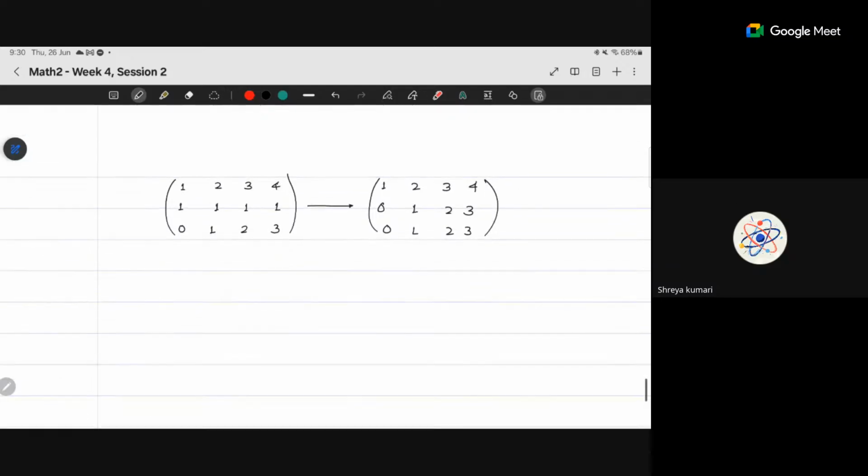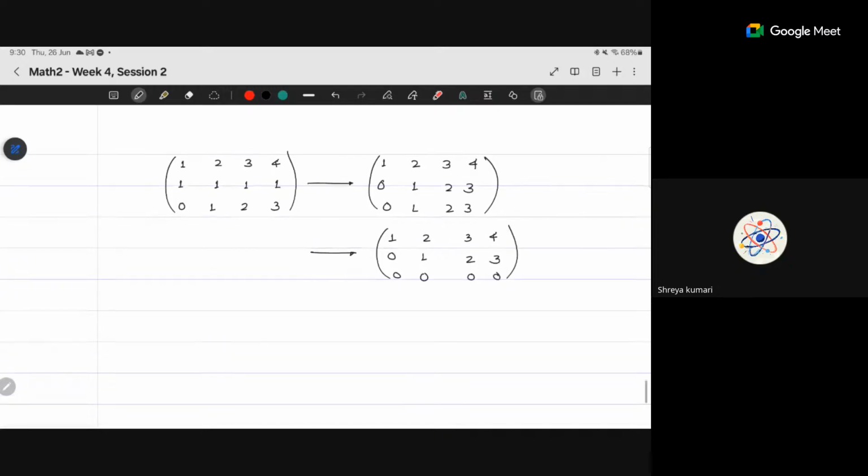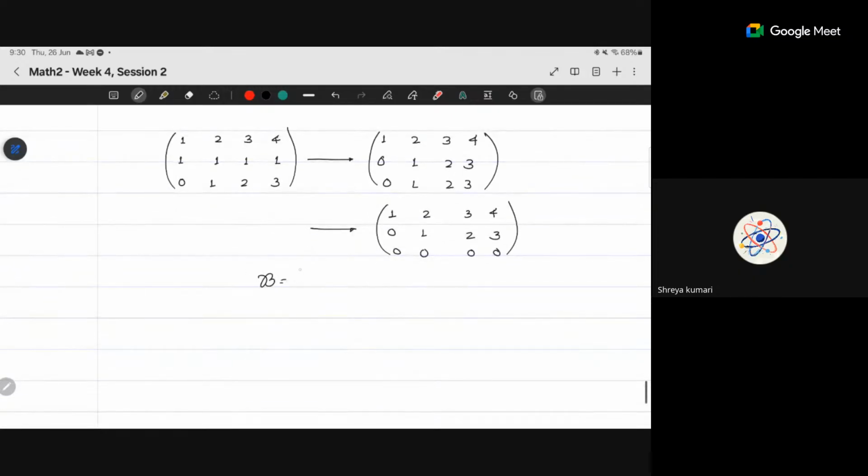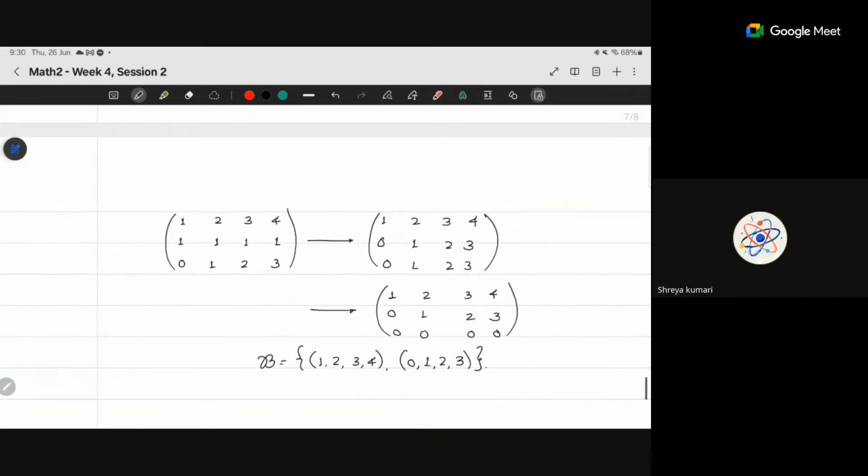Correct. So this will be 1, 2, 3, 4, 0, 1, 2, 3. So the dimension is 2, and a basis over here is 1, 2, 3, 4, 0, 1, 2, 3. So this actually gives you an algorithm to get a basis.